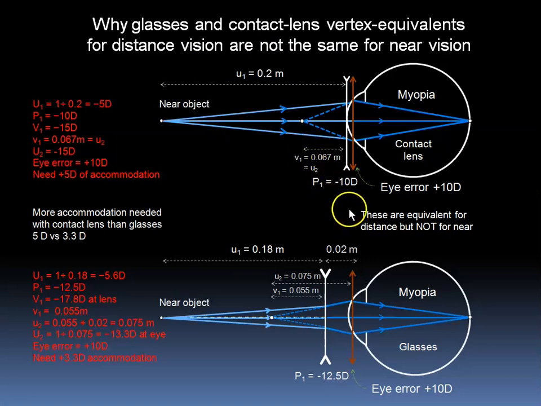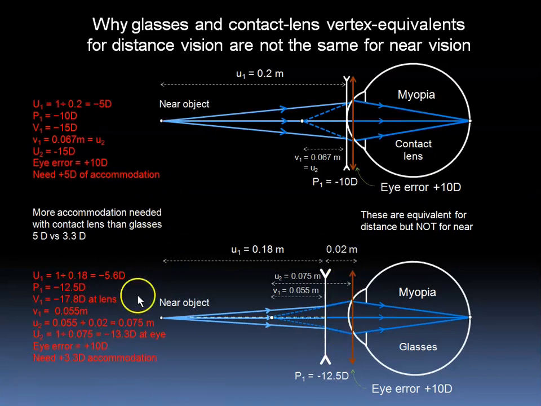We add the -5 divergence to the power of this minus lens and we get -15 coming in at the eye. Since the eye error is +10, in other words it has built-in +10, the -15 plus 10 leaves -5. In other words, there's 5 diopters missing, and the eye needs to accommodate the extra 5 diopters.